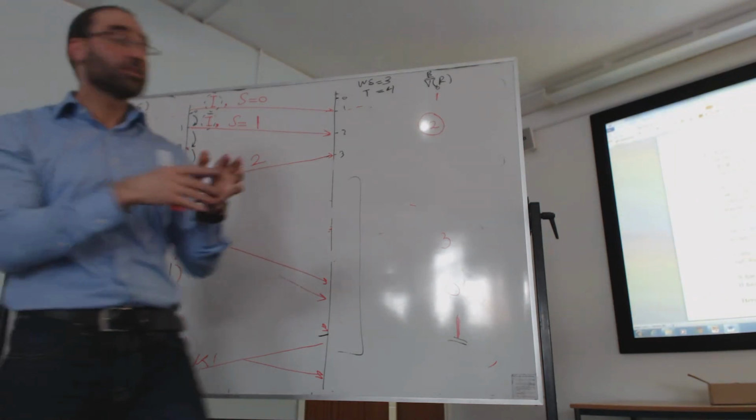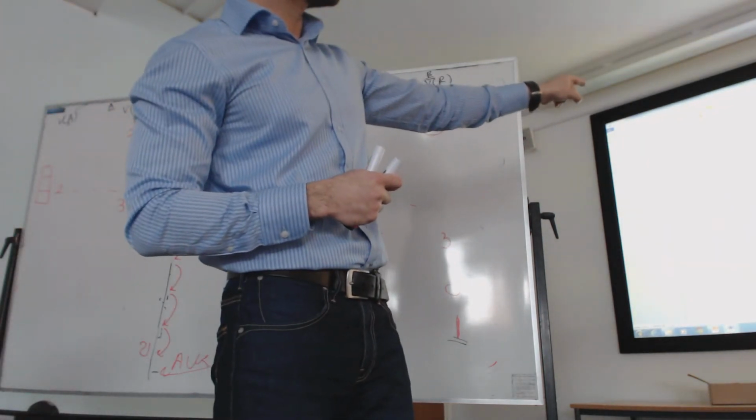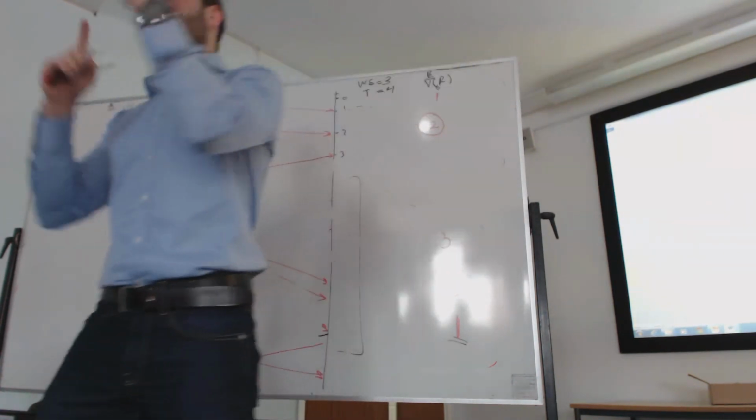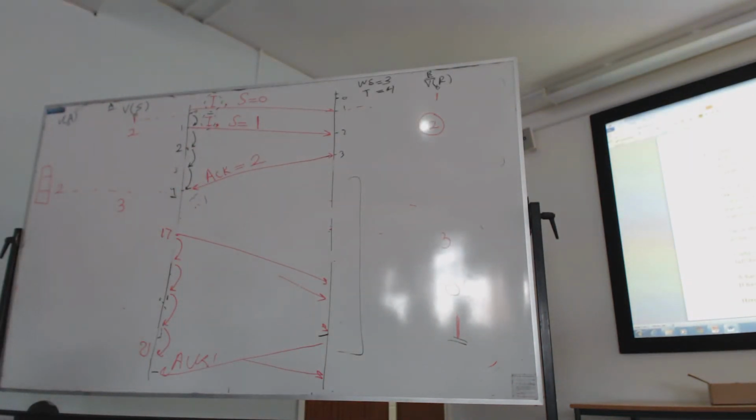If you go back to the question, 5, 6, 7, and 8. I couldn't send 8 because I have 5, 6, and 7. So that's the window size of 3. That's why I delayed 8 until I received that acknowledgement. If the window size permits you to send it, by all means send it. The delay happens because the window is full, and the delay also happens because the timer cannot allow you.